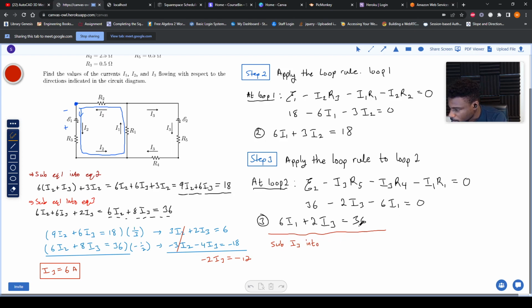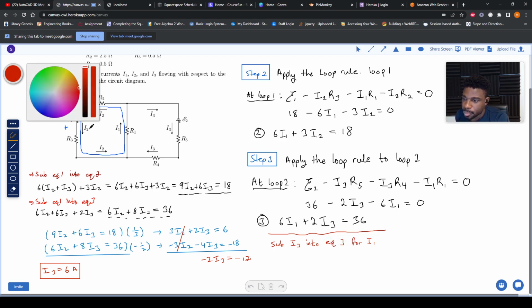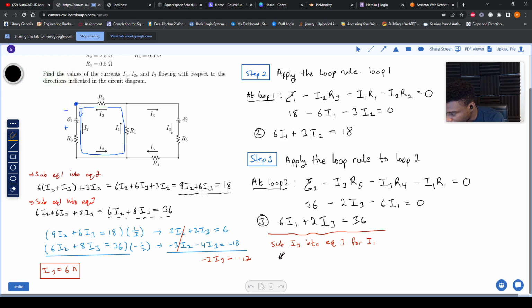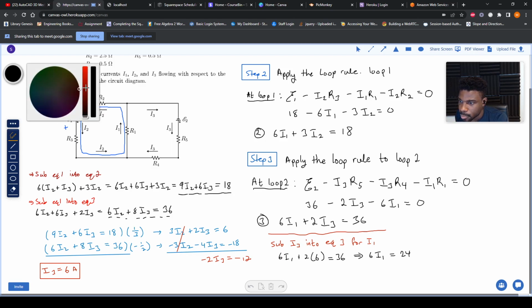Okay, so we can sub I3 into equation 3 for I1. This means we're going to have 6I1 plus 2 times 6 equals 36. And what does this give us for I1? On the right side, it's going to be 24. On the left, it's going to be 6I1. Divide by 6 on both sides, it's going to be 4. Right, so I1 is going to be 4 amps.